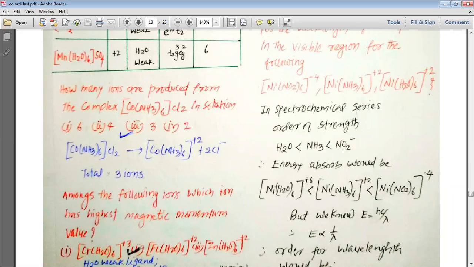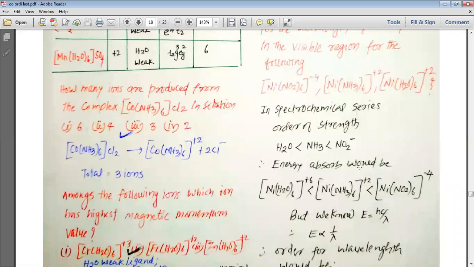So by the cumulative effect, we consider NO2- as a stronger ligand than NH3. And that is why I have put NO2- as the strongest ligand among all these three. We are already aware that ammonia is stronger than water. These values have already been given in the spectrochemical series which is given in our textbook.